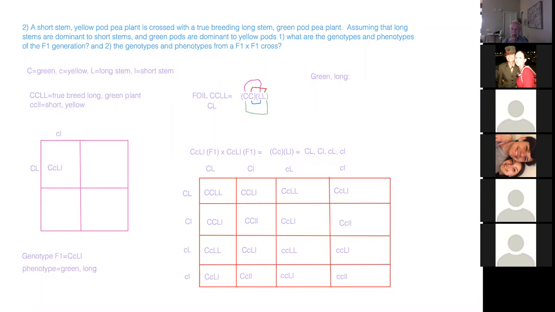Yellow long. So that would be different than what we got at first, so we'd have to add that as a new option. And what you would find when you totaled all these things up is that you're going to have basically a green long and a yellow long and a green short and a yellow short.